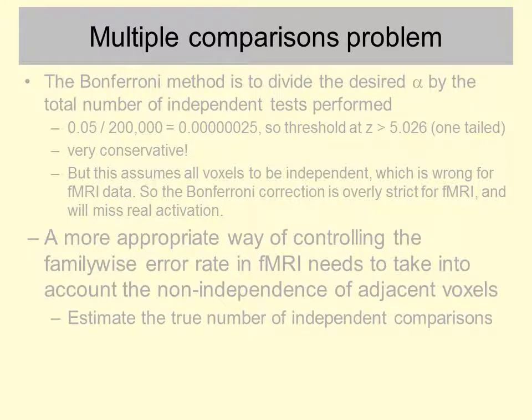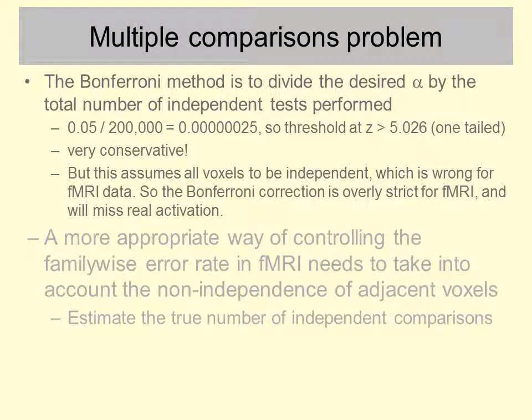If we look at doing that, you may be familiar with the name for it: that's the Bonferroni method. We divide our risk of reporting a false positive among all the tests we're performing. So with 200,000 voxels, we'd go alpha divided by 200,000 equals 0.00000025, and that p-value corresponds to a z value of greater than 5.026 for the one-tailed case where we're only interested in positive differences.